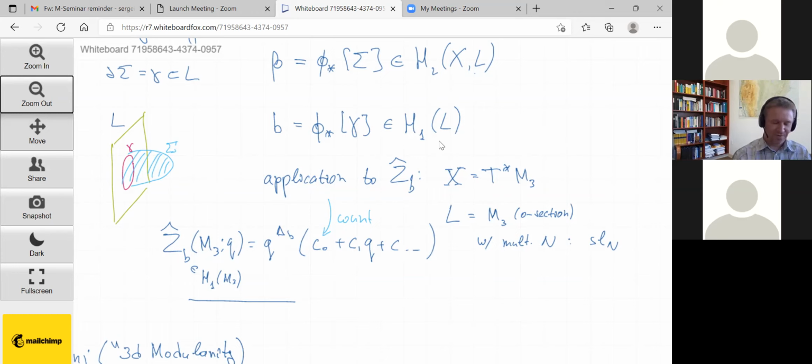I'll call it log VOA, which in general, of course, depends on the 3-manifold.